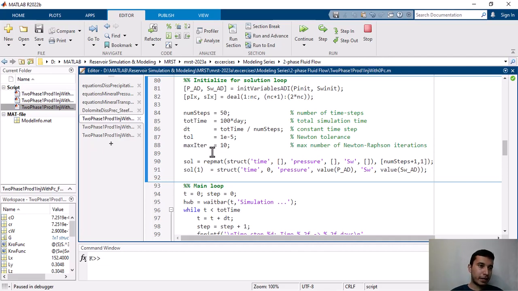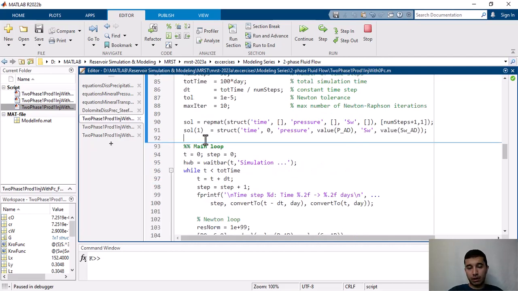If the number of iterations in the Newton-Raphson method exceeds this value, we would say that the solution did not converge, and so we don't have any solution to the problem. Or maybe there is a problem with the code that you have written, or maybe you need to reduce the time step size in order to converge, or do something like that.